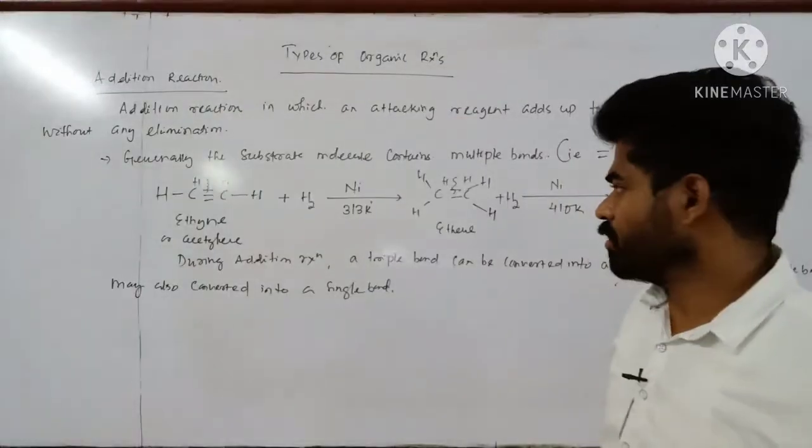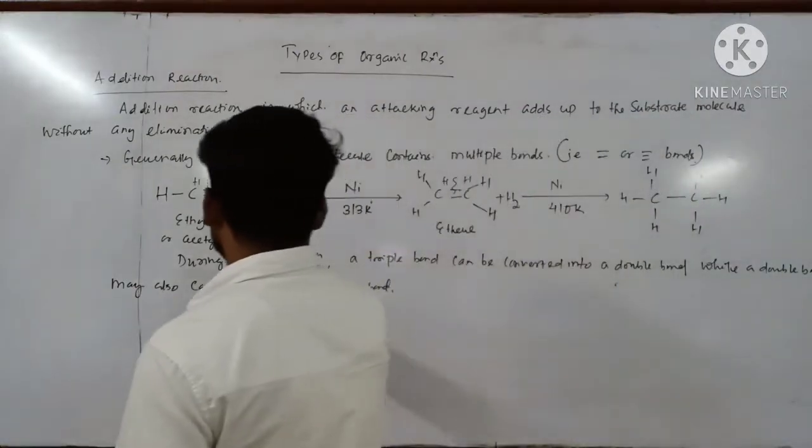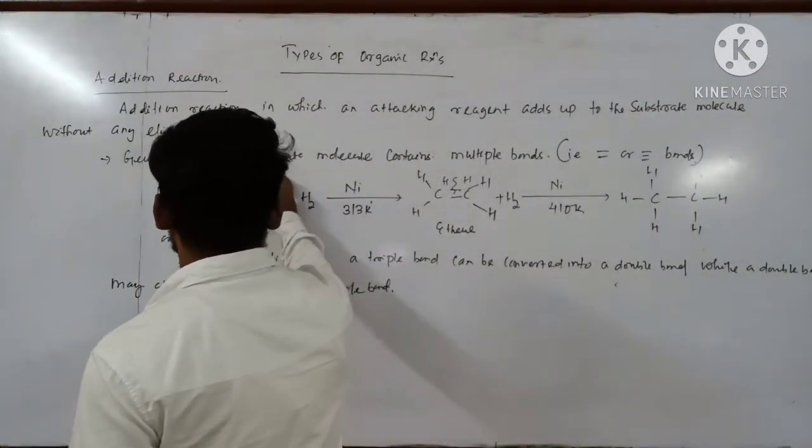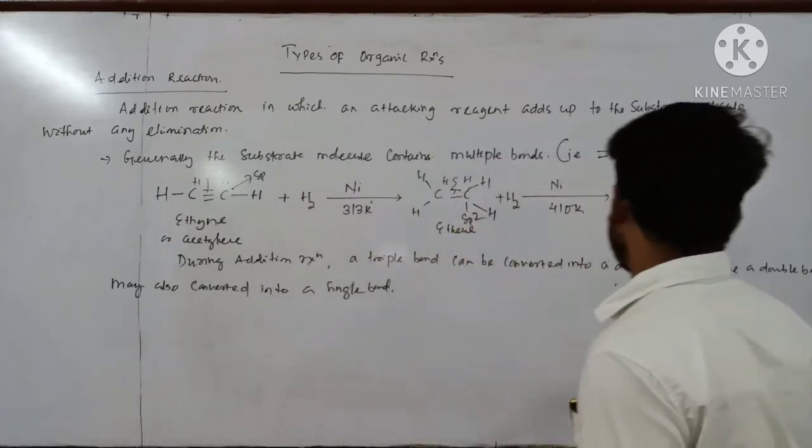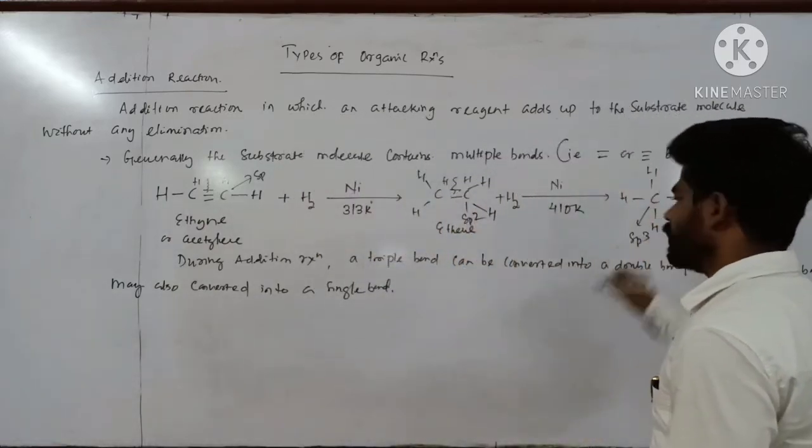Then another concept you just see here, the type of hybridization of a carbon was sp. Right now it is converted into sp2 and finally it is converted into sp3.